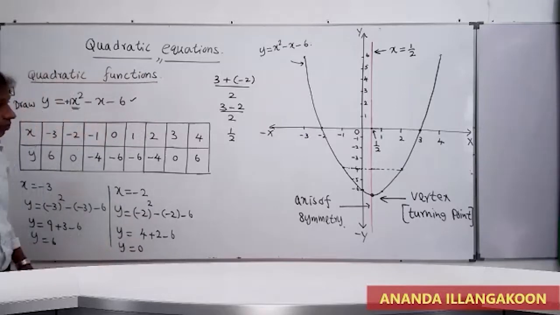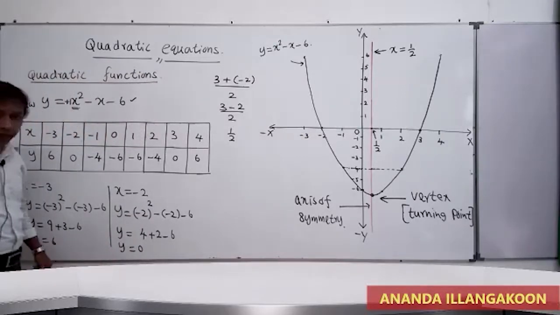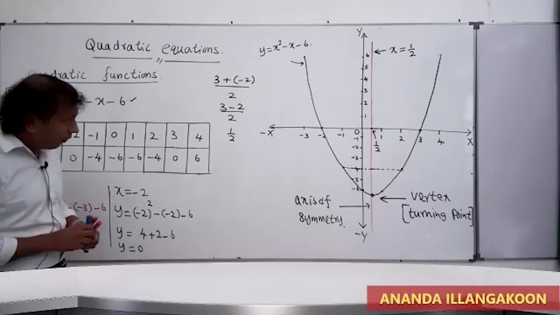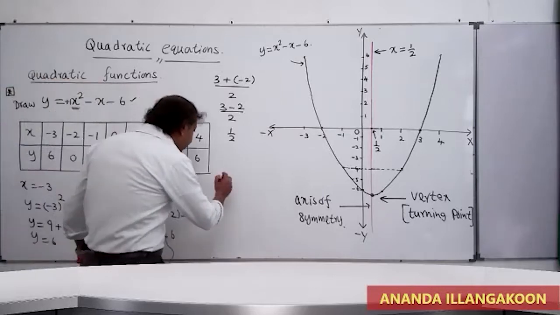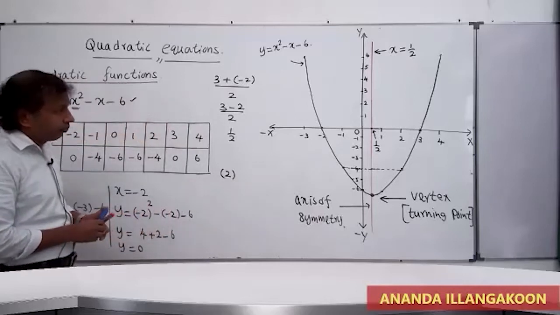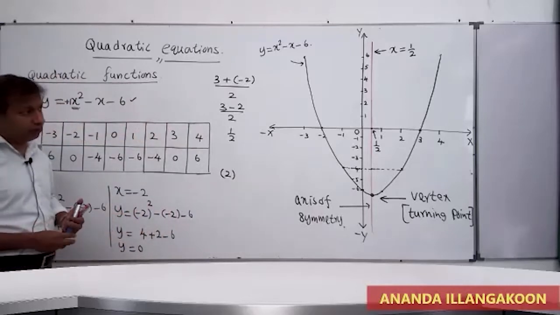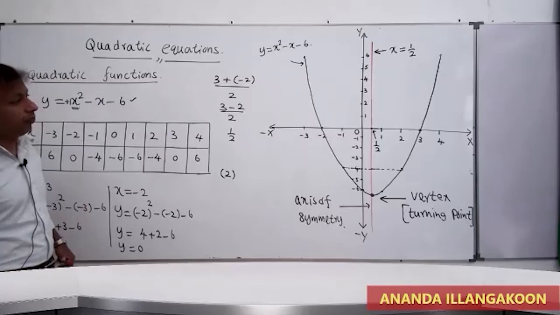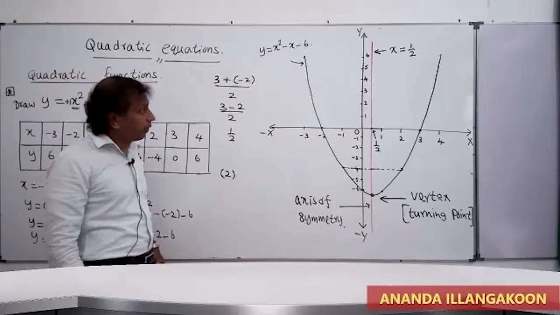Right. That is the first. We'll write the second one, people. Number 2, second property. Write down.